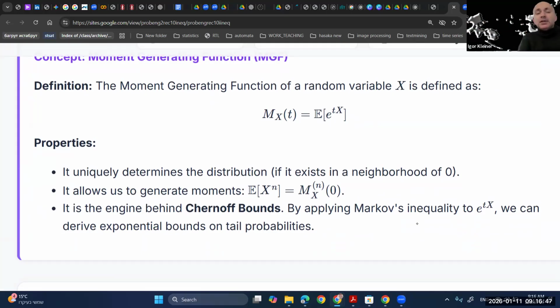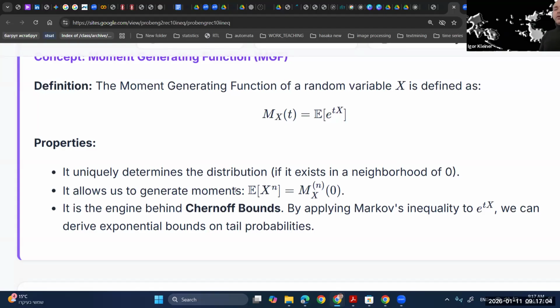For example, it uniquely determines the distribution of a random variable. It allows us to generate moments. Using it, we can find the derivative and calculate moments of this random variable.